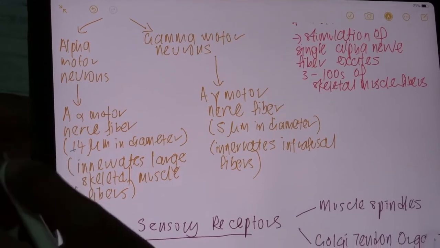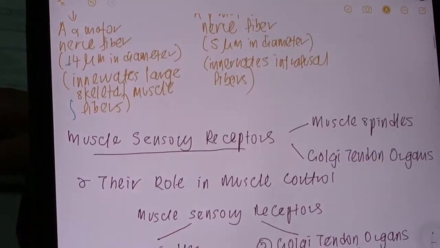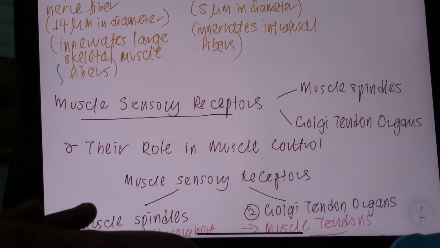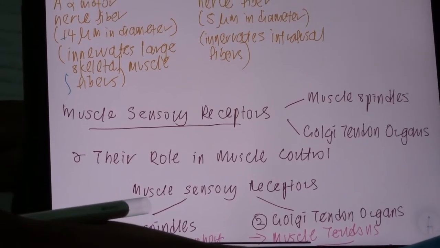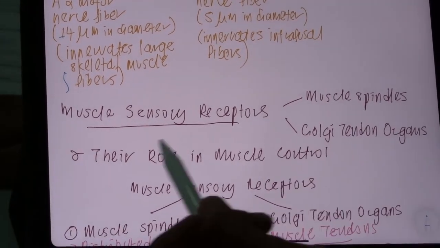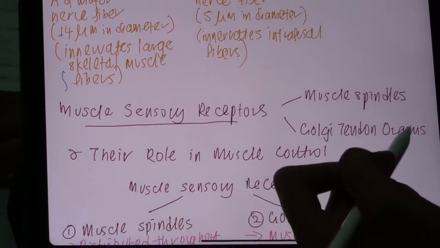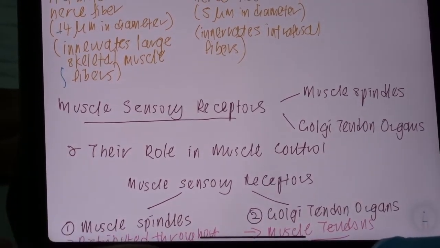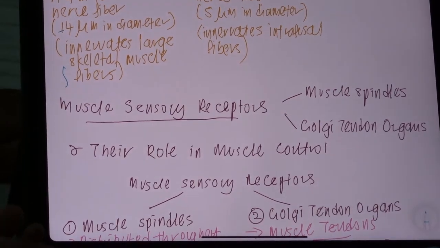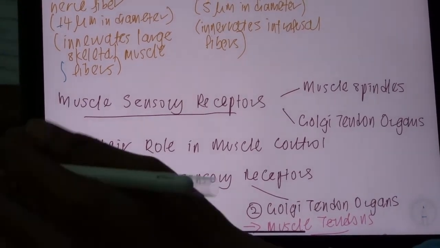Then I will move on to the muscle sensory receptors. There are actually two: the muscle spindles and the Golgi tendon organs, and their role in muscle control. First I will talk about the muscle spindle.